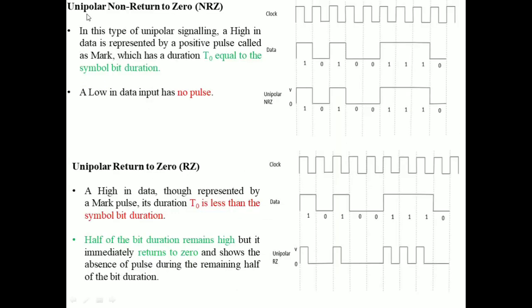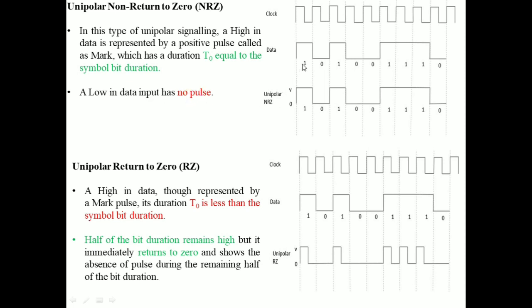The first one is unipolar non-return to 0. Here we have a clock, and here we have data. Now we will see how the data is represented in the unipolar non-return to 0 mechanism. In this mechanism, a high in the data is represented by a positive pulse, which is called a mark, which has a duration T0 equal to the symbol bit duration, and the low in the data input has no pulse.